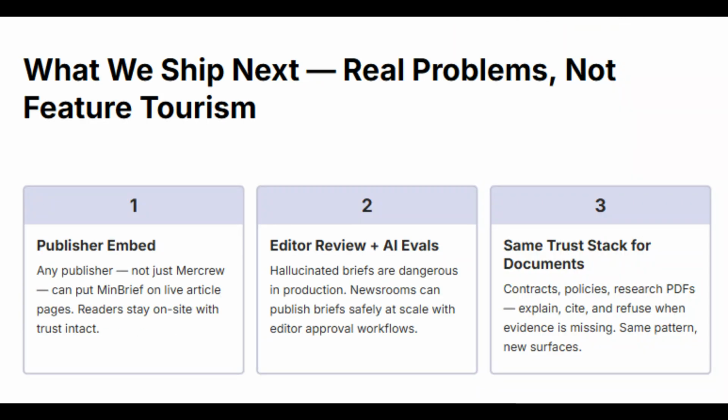For the future version of our widget, we can modify it as a publisher embed widget where any publisher, not just Mercury, can embed our widget into their websites. Also, we can implement evals so that the generated briefs are not hallucinated. Also, we can extend our kit to support contracts, policy documents, PDFs, and more.